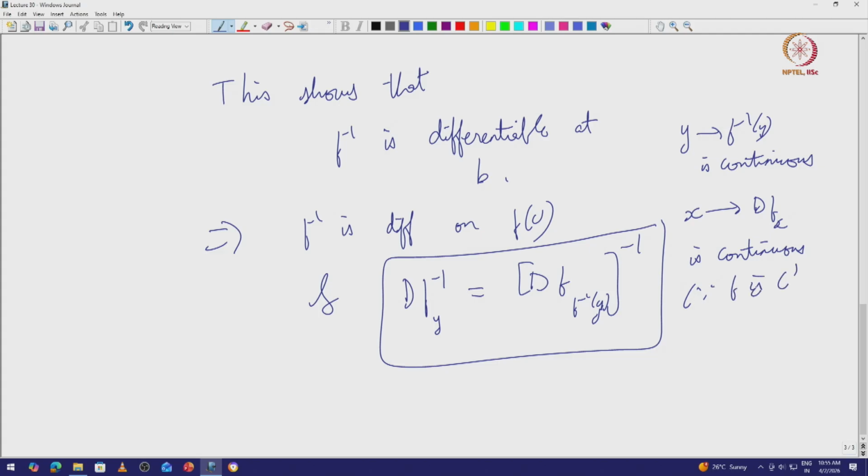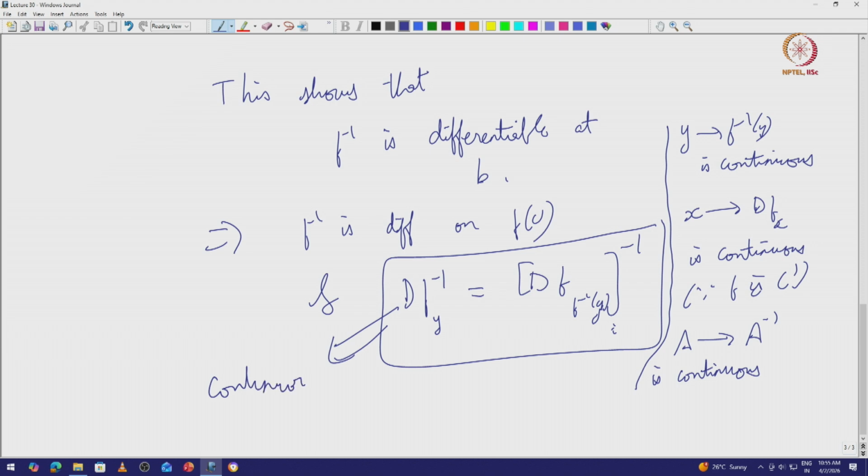This is the definition of being C1 more or less. And the matrix A goes to A inverse is a continuous matrix valued function, right? And this is a composition of these three. In other words, this is continuous in y, and therefore f inverse is C1.